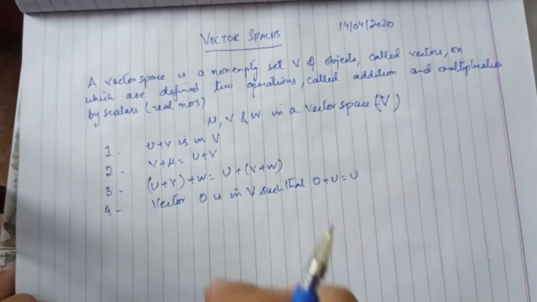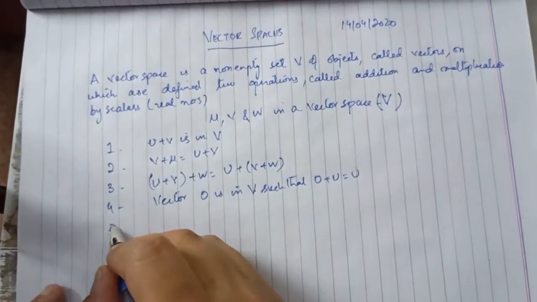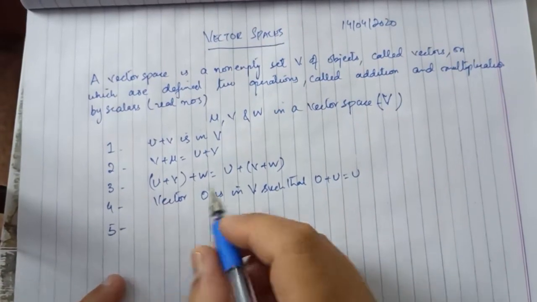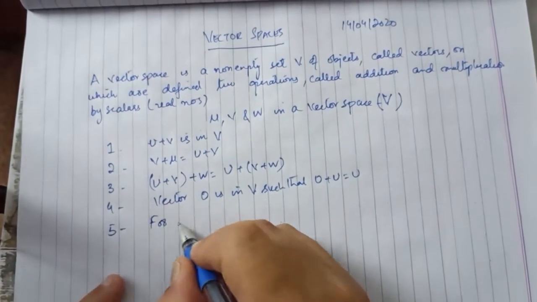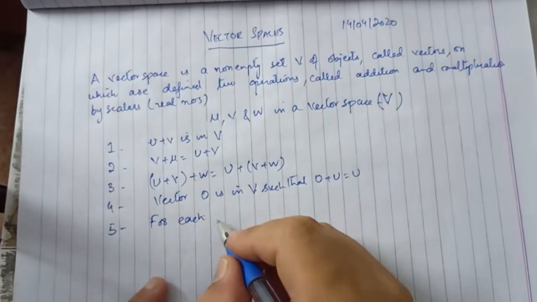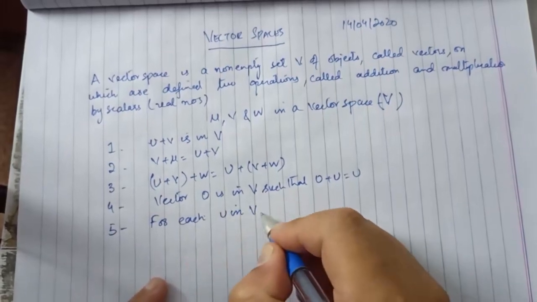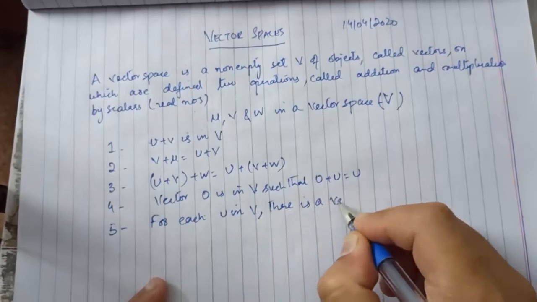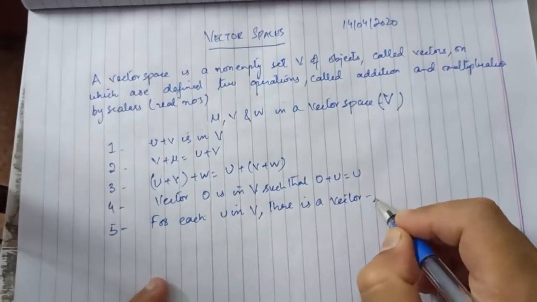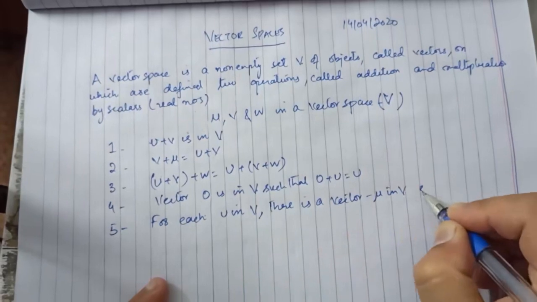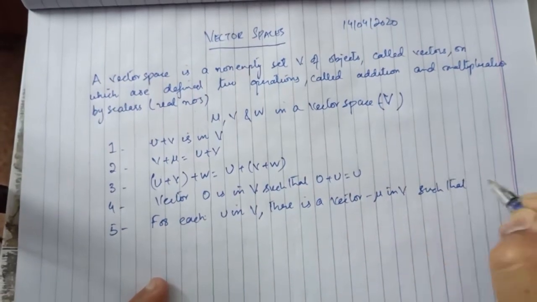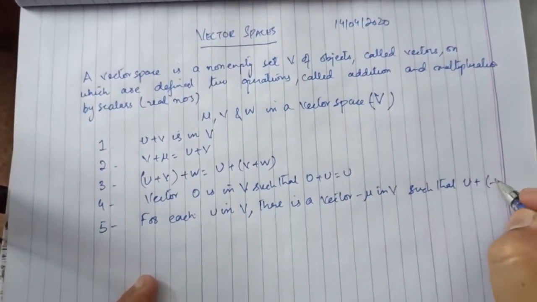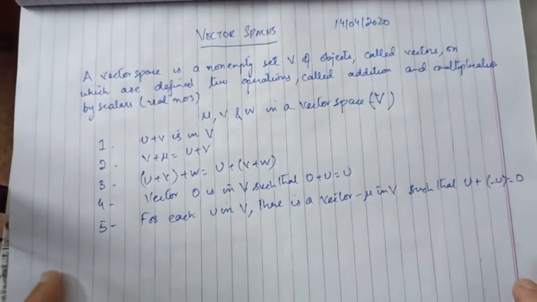Now, for each u in V there is a vector minus u in V such that u plus minus u equals 0.